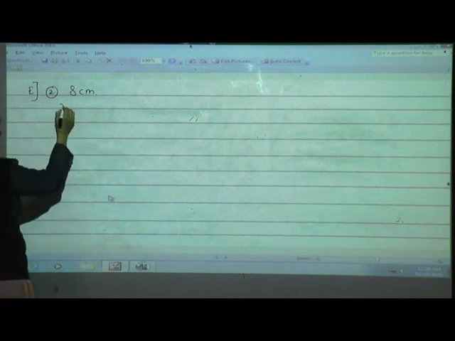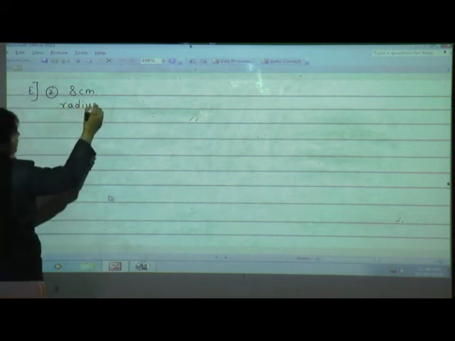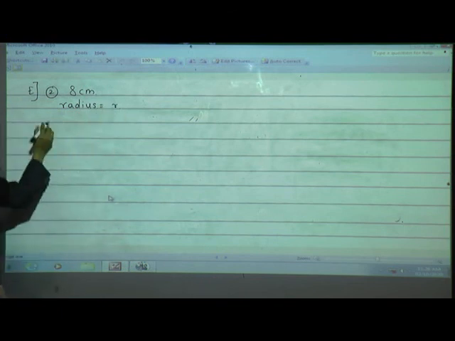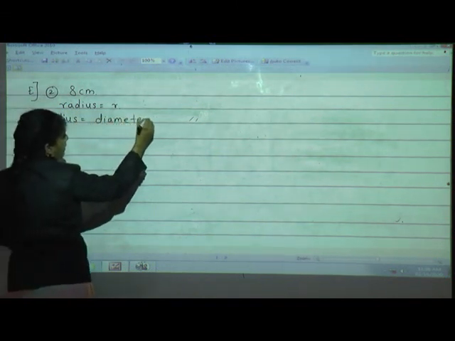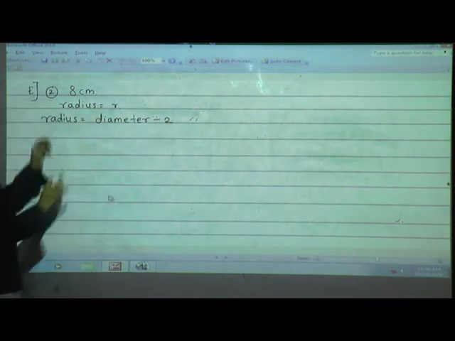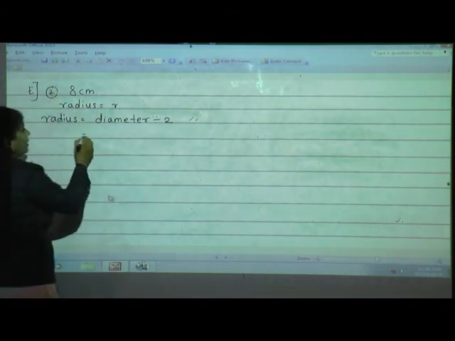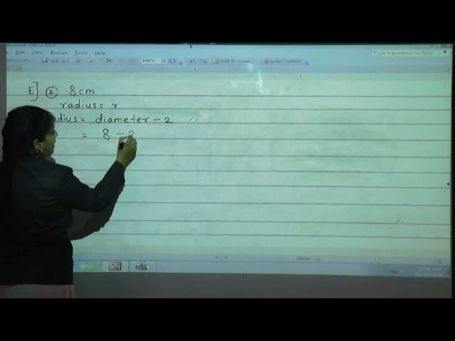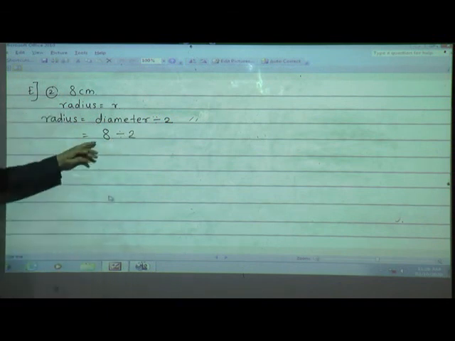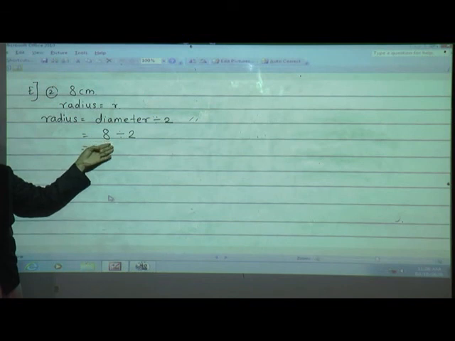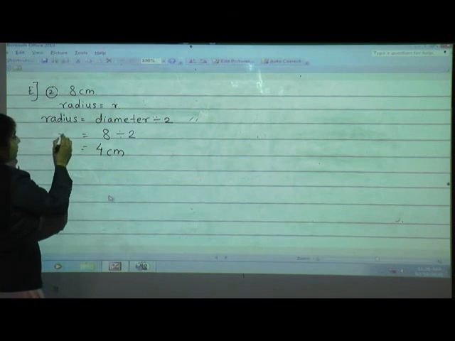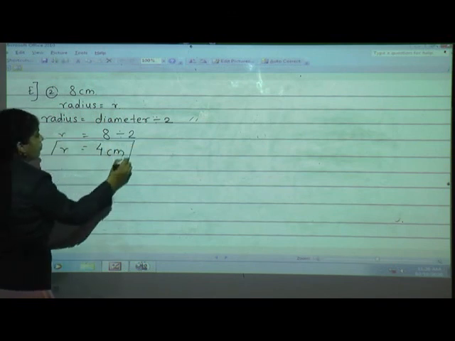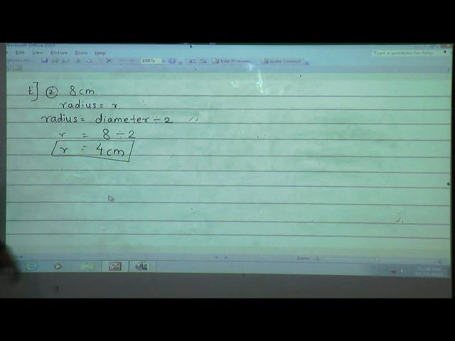Yes, students, for the radius we will use the term R. The formula of the radius is equal to diameter divided by 2. Here they have given us the diameter 8. 8 divided by 2. So what will be the division? If we divide 8 by 2, we will get 4 centimeter. That means R is equal to 4 centimeter.